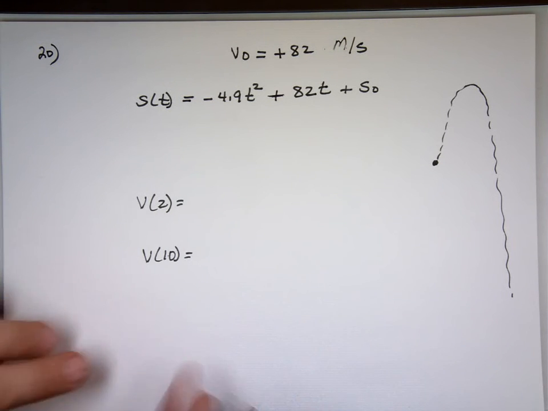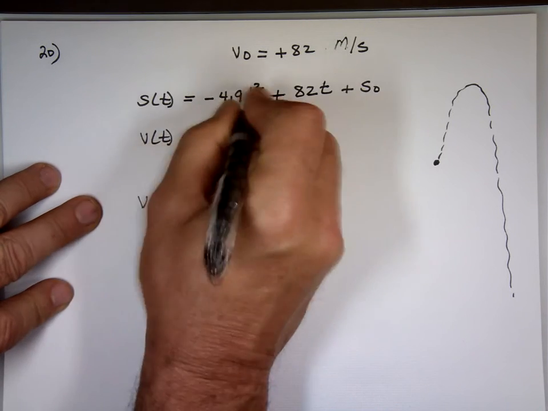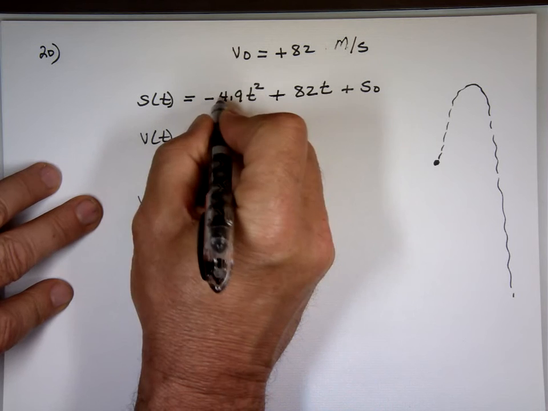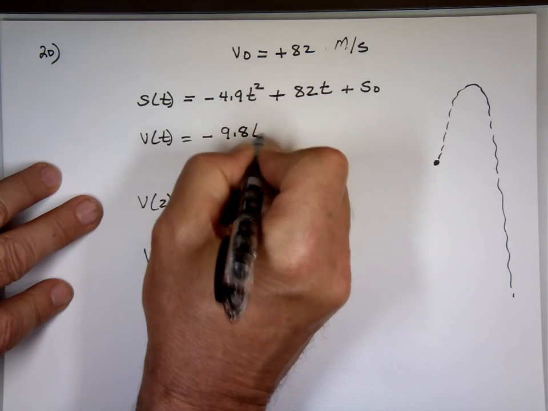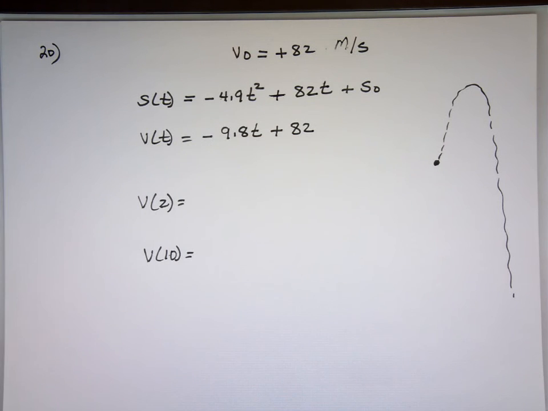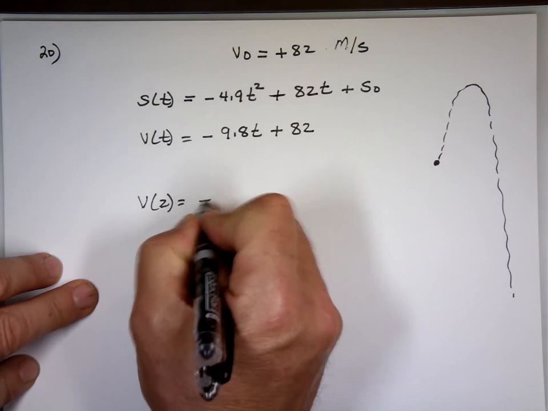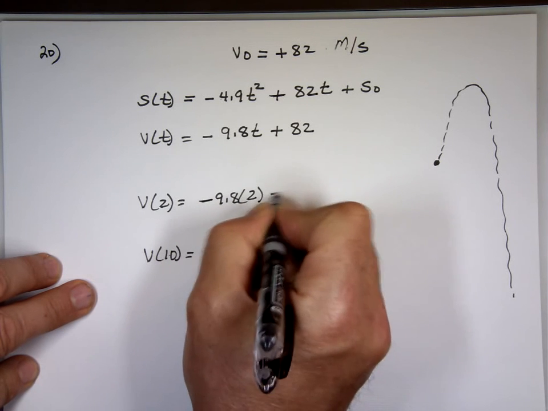So we'll see what our answers are. The velocity as a function of time is the derivative of this. And what's the derivative of that? That'll be negative. What's 4.9 times 2? 9.8t plus the 82, the initial velocity. So what is the velocity after 2 seconds? How do you know that the velocity is a derivative of the original equation?